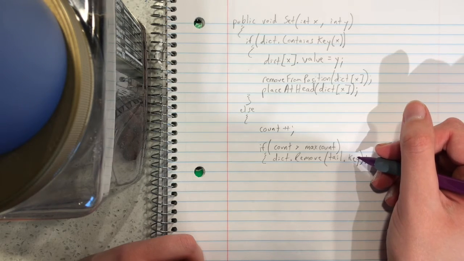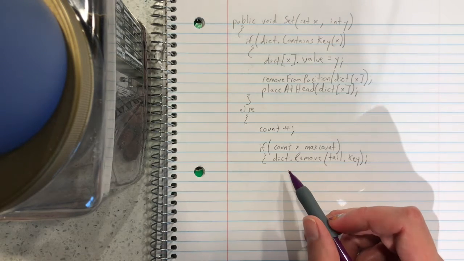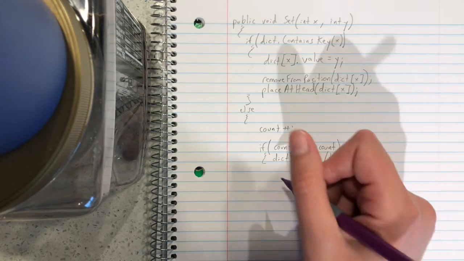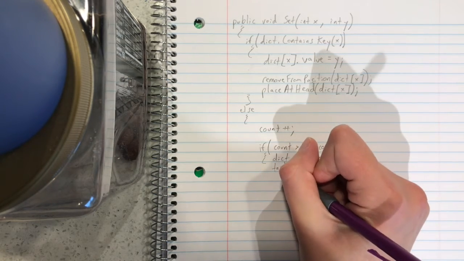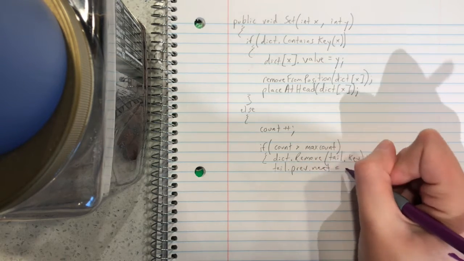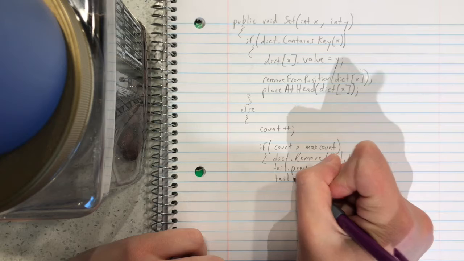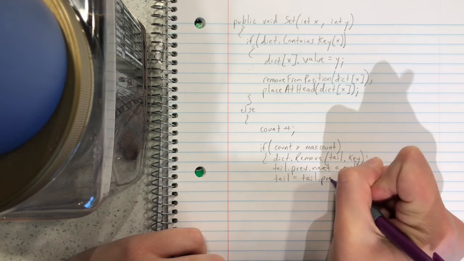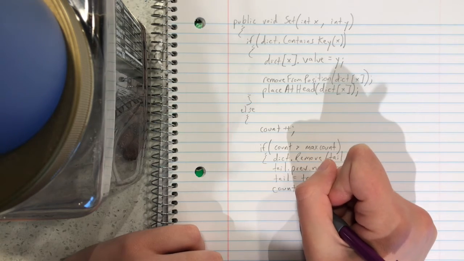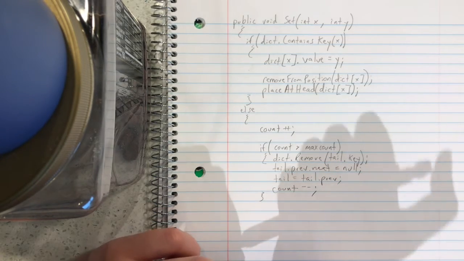Remember, in each node we're storing key and value, and the keys in the doubly linked list match up to the keys in the dictionary, so removing the dictionary element with key tail.key. Now we have to chop this off of the tail. And decrement count, because we have removed an element from our list and dictionary.